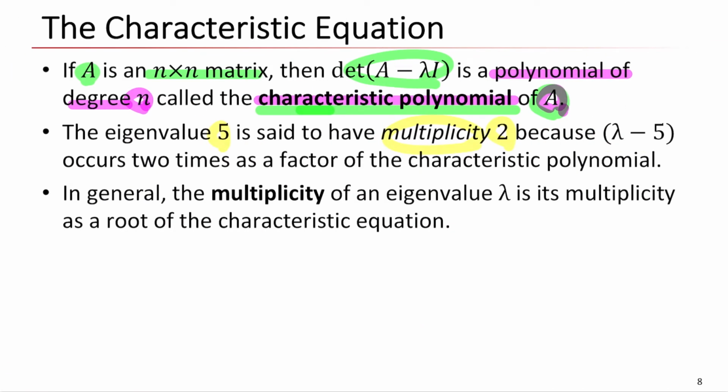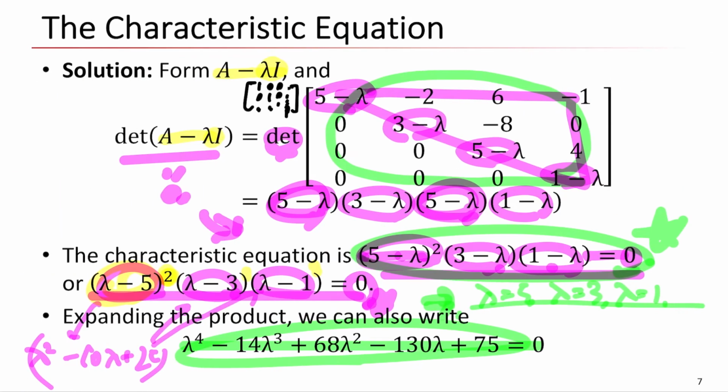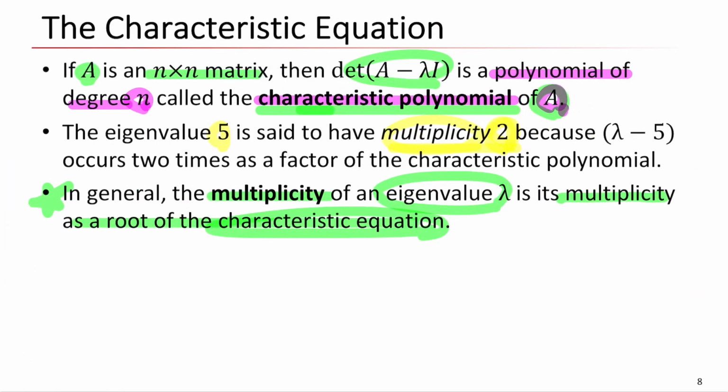So in this case, we say that the eigenvalue 5 has multiplicity 2. In general, the multiplicity of an eigenvalue lambda is its multiplicity as a root of the characteristic equation.